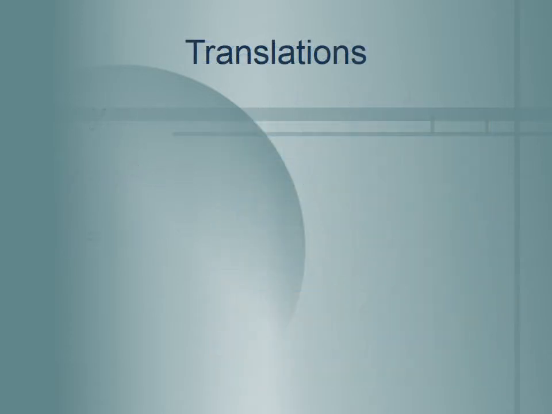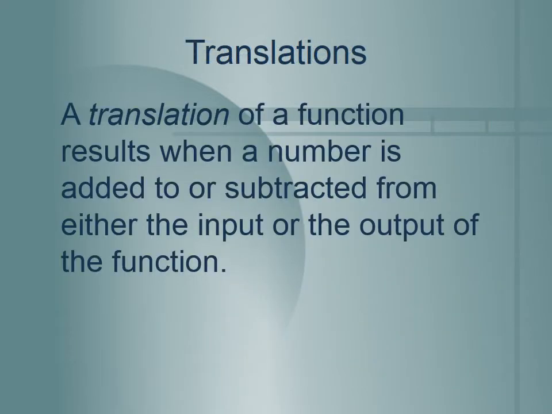So because of this pattern, we can now state what our translation is. Remember, our translation happens when a number is added or subtracted to the input or the output. In this one, we kept adding or subtracting the number after the x squared, and that number was moving our parabola up and down.